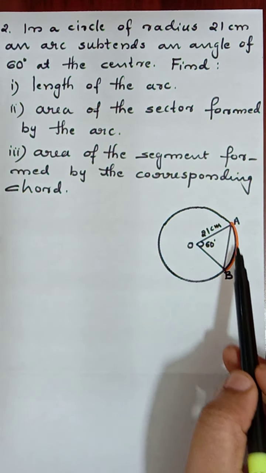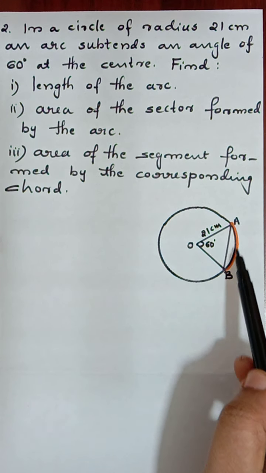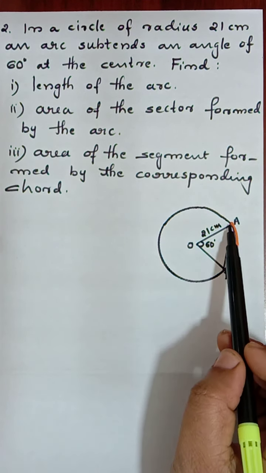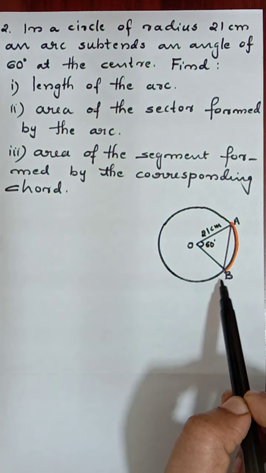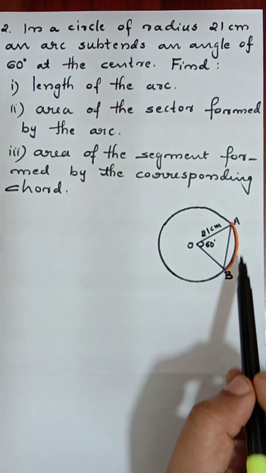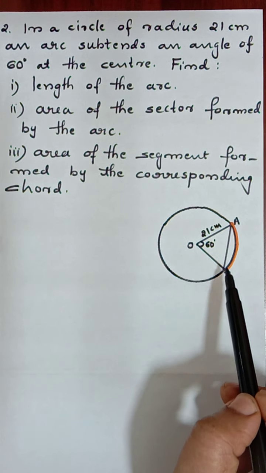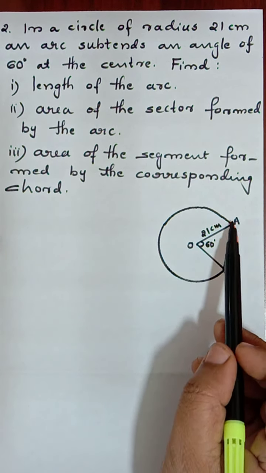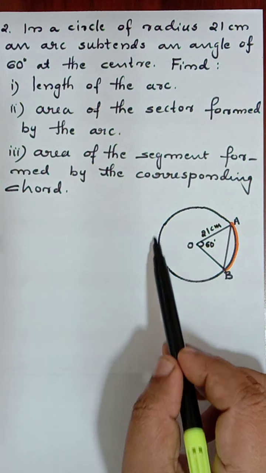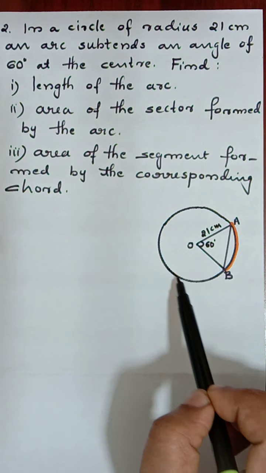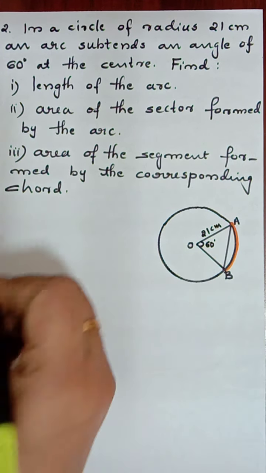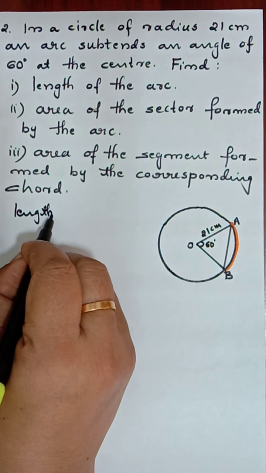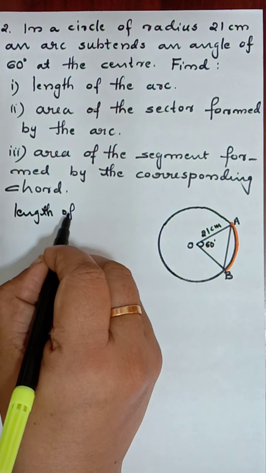What is meant by length of the arc. This arc AB is a minor arc as I told you. And here on the opposite side you can see major arc AB. Length of the arc means this arc is a part of the circle. So here the part of the circle in the sense we have to consider the circumference of circle. So length of the arc formula, here we can write it as, derivation is not important, just learn the formula.